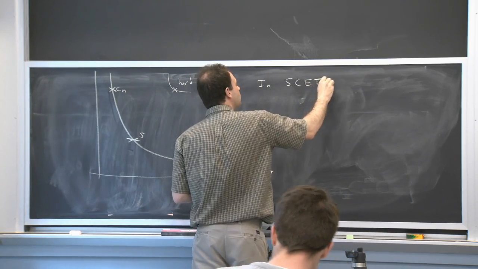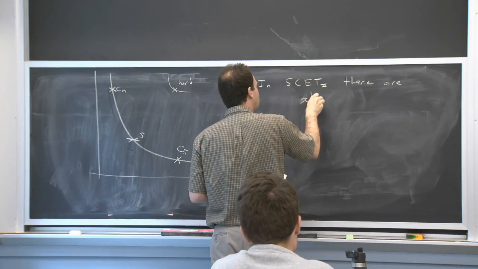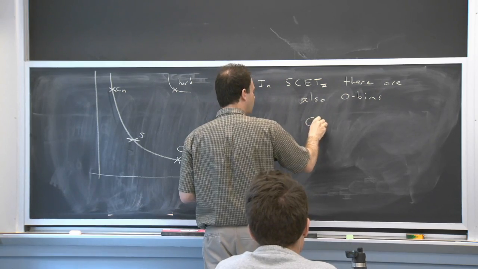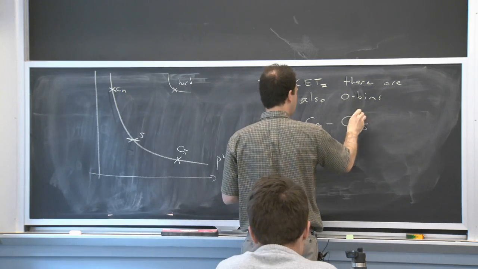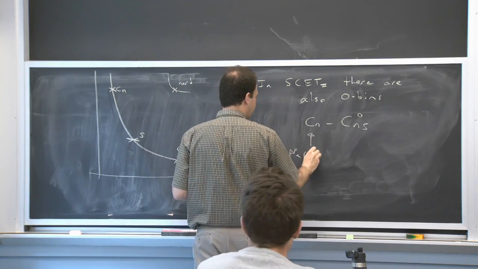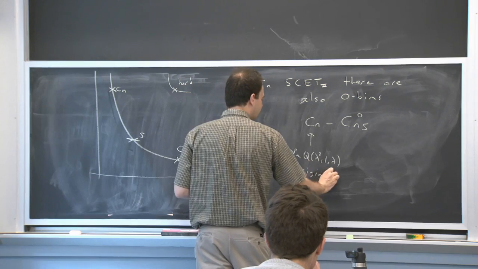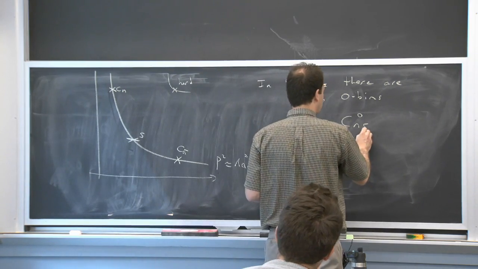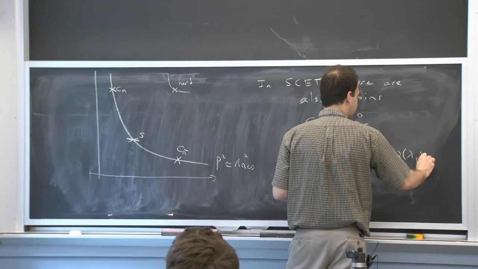But in general, in SCET2, there are also zero bins. So in general, you would have something like Cn minus Cn soft. What I mean by this is my original amplitude, where p mu is scaling like Q lambda squared, 1, lambda, the original. And this would be a subtraction where you take that amplitude and make it scale like in the soft regime, so p mu scales like lambda, lambda, lambda.